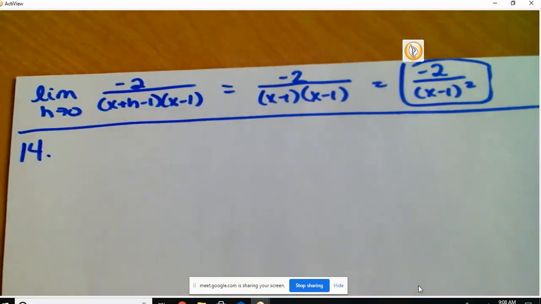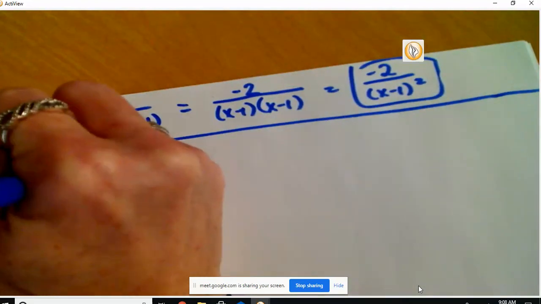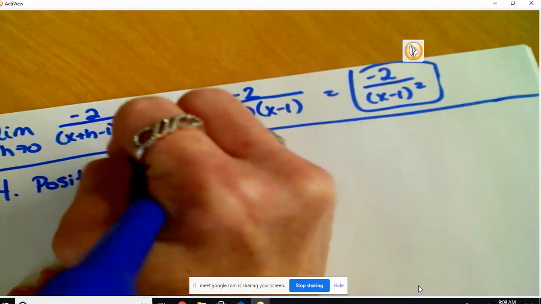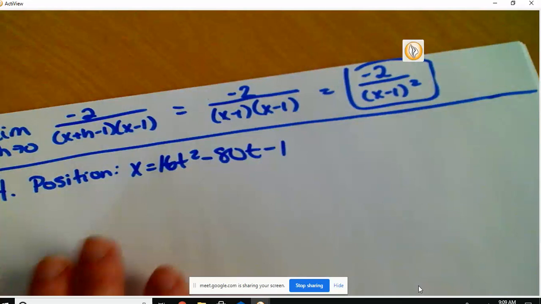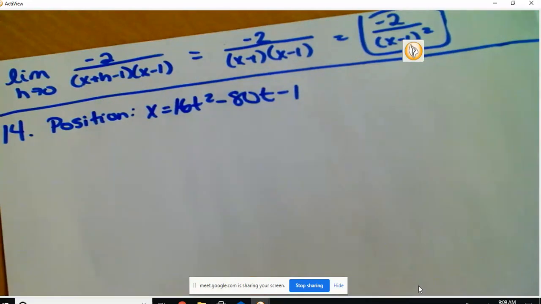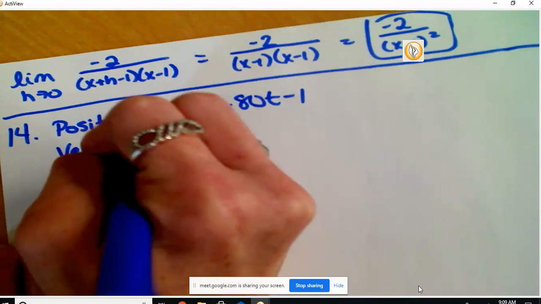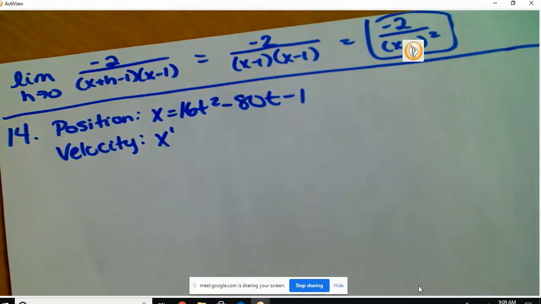So problem 14. This one is asking us about velocity. So I have my position. Okay, I want the location when the velocity is 0. So if you have position, how do you get velocity? The first derivative. What is the second derivative?